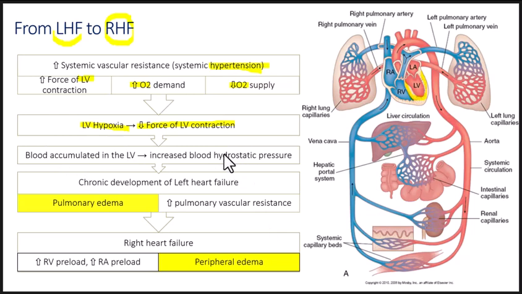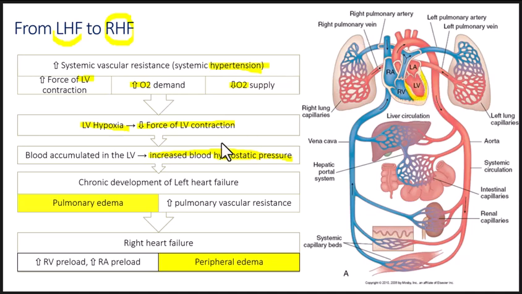And this increase in volume that's within here is really more appropriately described as an increase in blood hydrostatic pressure. Hydrostatic pressure, speaking very basically, is just a pressure that's exerted from a fluid. In this case, the fluid is blood, and the pressure is being exerted against the walls of the blood vessels, or in this case, the ventricle.